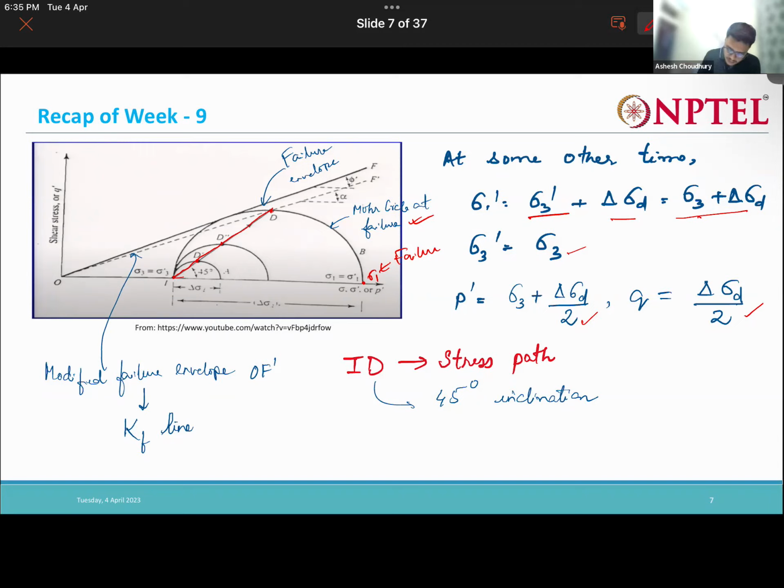Now this is my p or p dash, q or q dash. So for a consolidated drained test, p and p dash are always the same, q and q dash are the same. So we will be getting a straight line inclined at 45 degrees. This is my failure point.